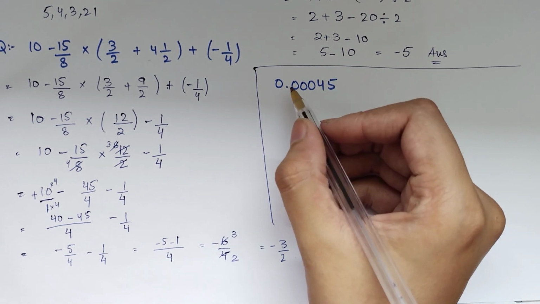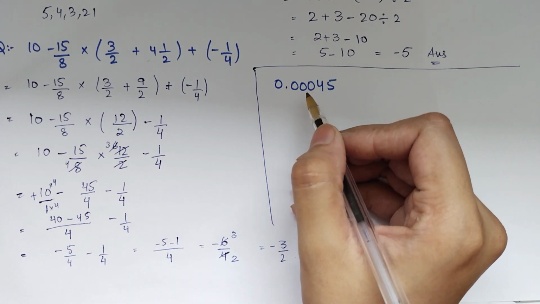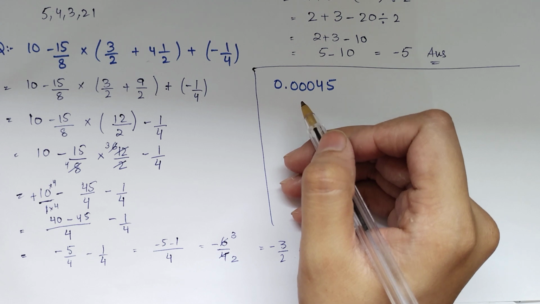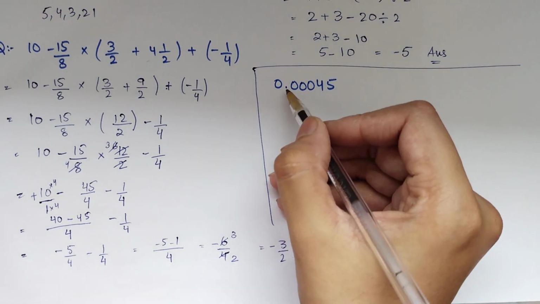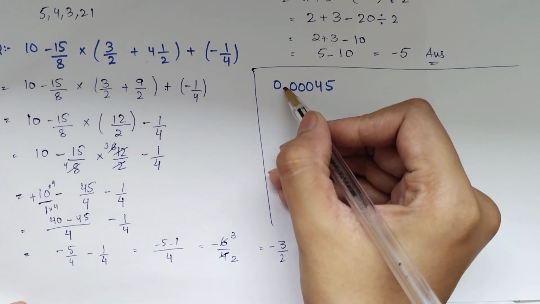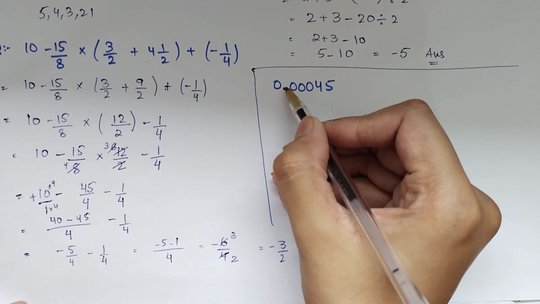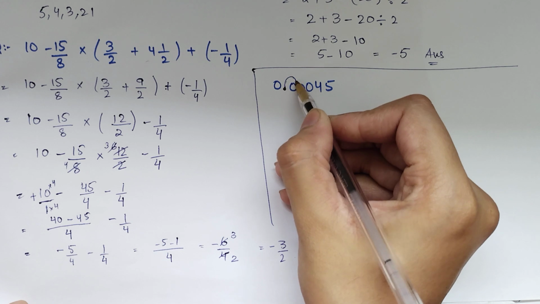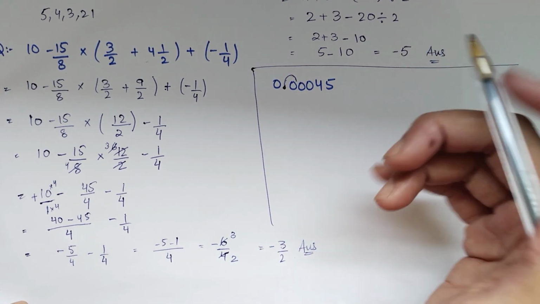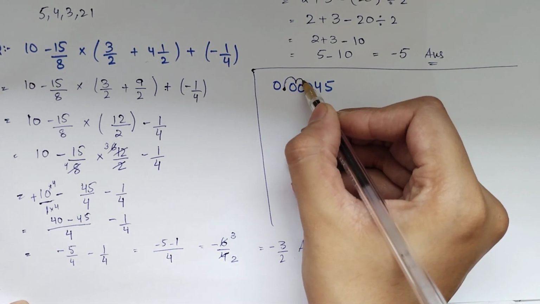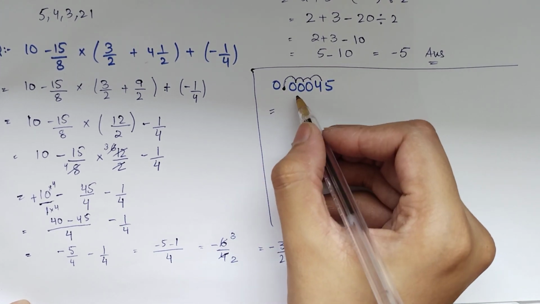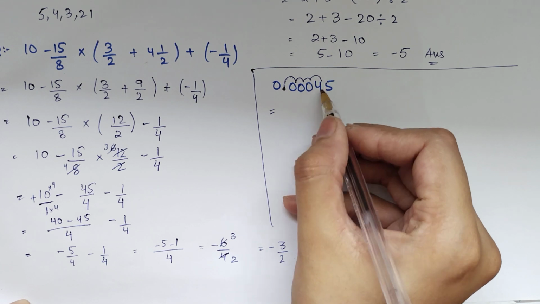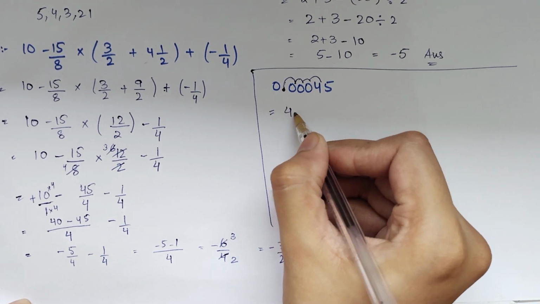What you have to do is to move the point and write it in the form of 10 multiplied by some power. When we move the point from left to right, I've moved the point from zero to the number after the integer 4.5.